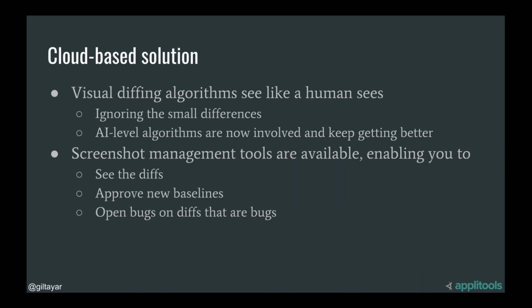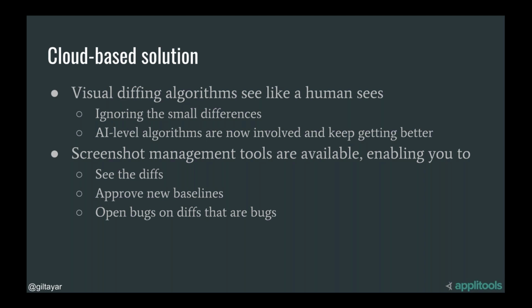But there are cloud-based solutions, and the cloud-based solutions try to be better in lots of ways. And the two major ways are that they use visual diffing algorithms that see like a human sees. They ignore the small differences, and we're talking about AI level algorithms that keep getting better and better at that.